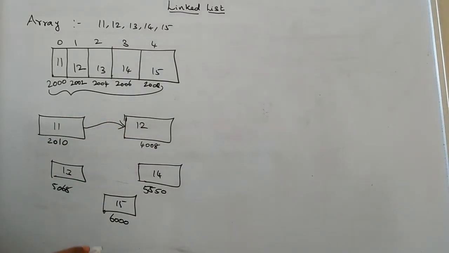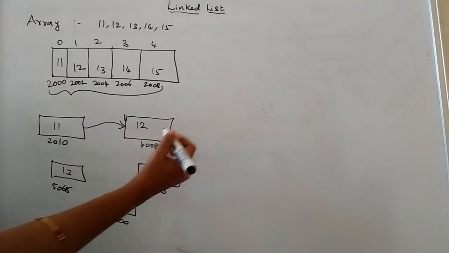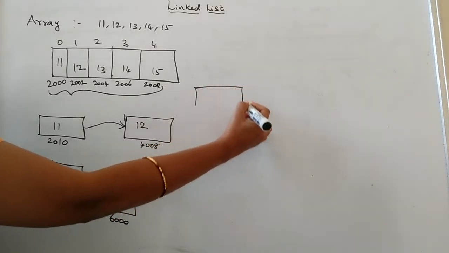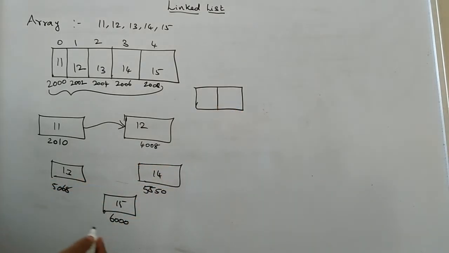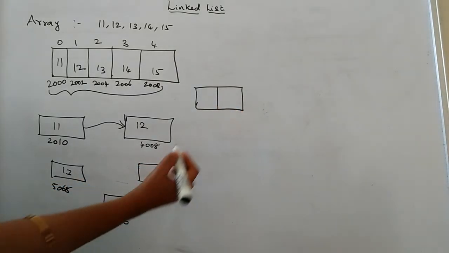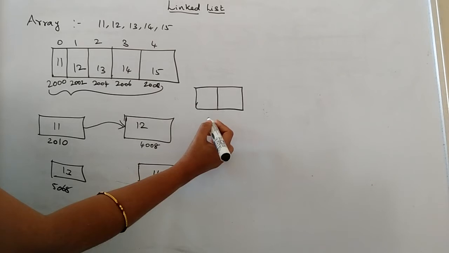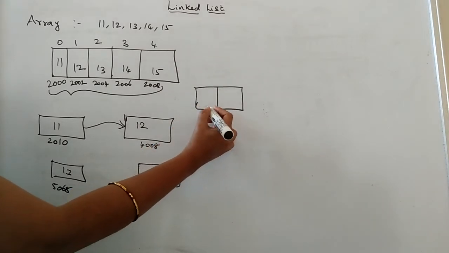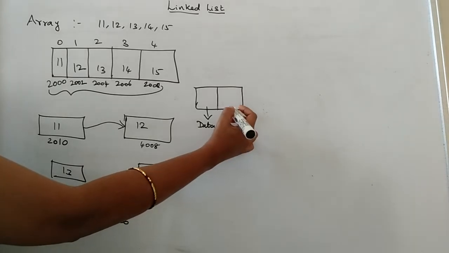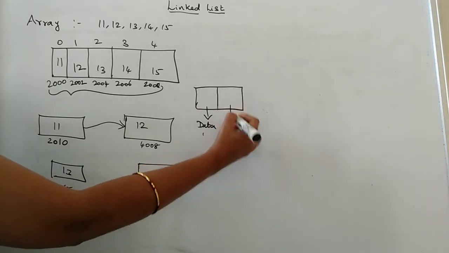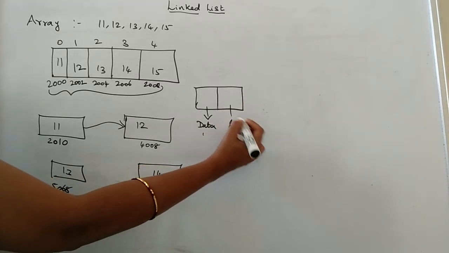So whenever you make use of a linked list, it will have a list of nodes. Each node will have two fields. The first is called the data field, and the next is called the link field.